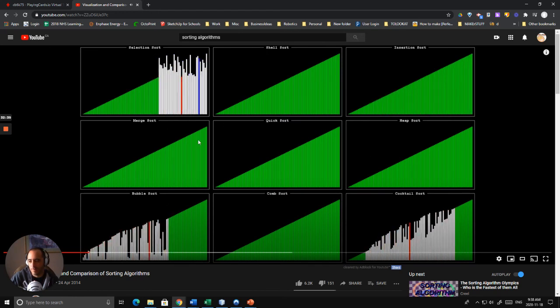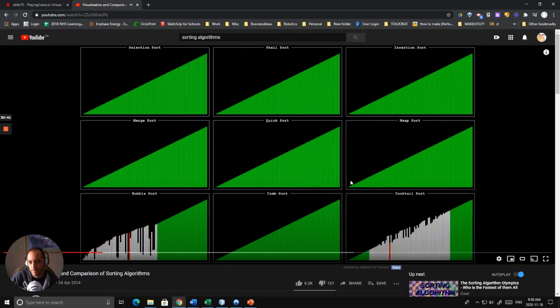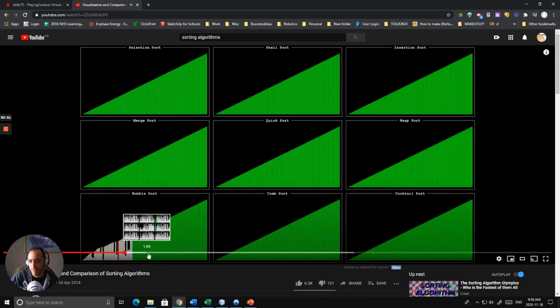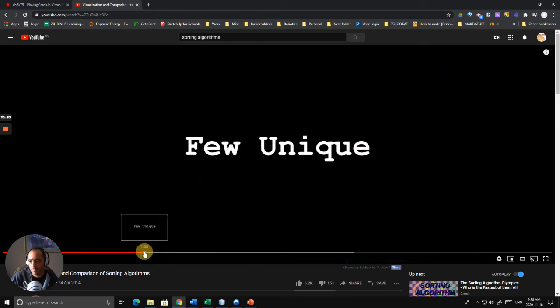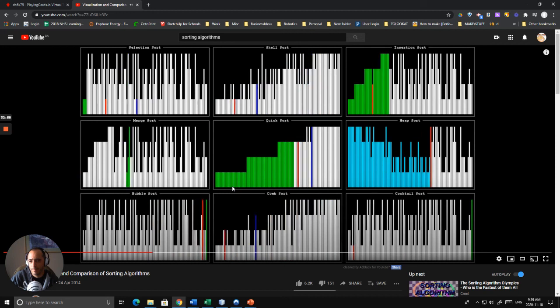With this random distribution of data, you can see that some algorithms are performing better than others. There are some that I hadn't talked about with you, but you can see many of the ones that we did talk about here. Now, depending on the type of data that you have, you're going to get a slightly different view.